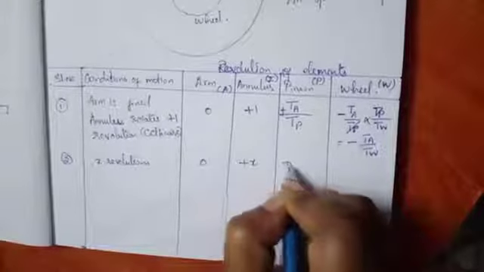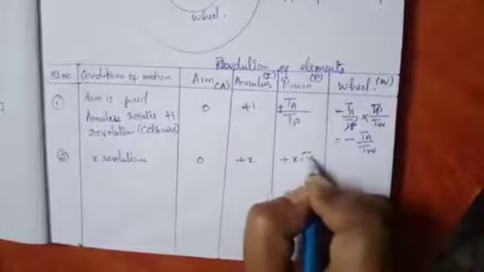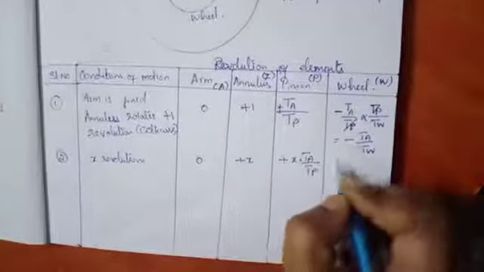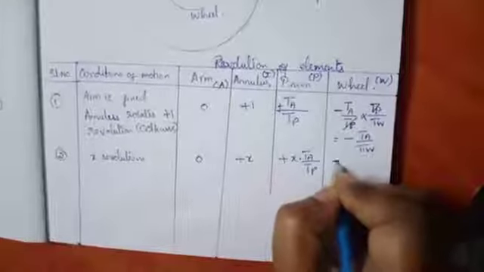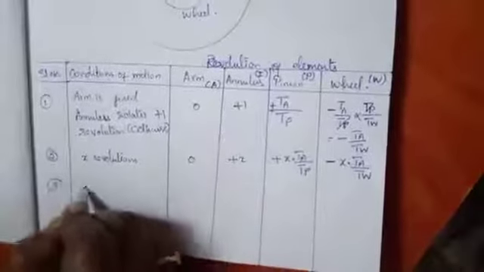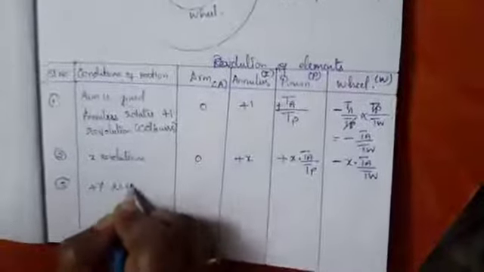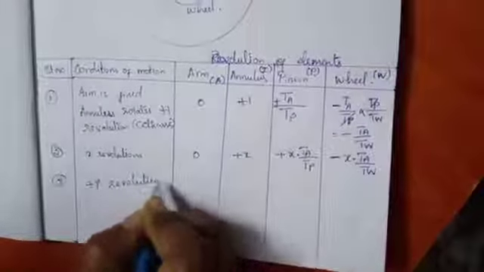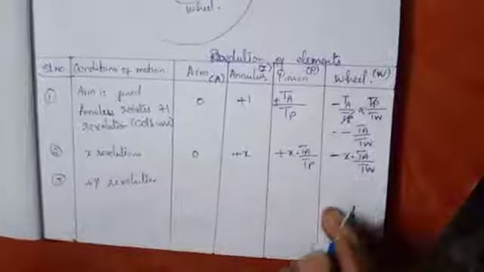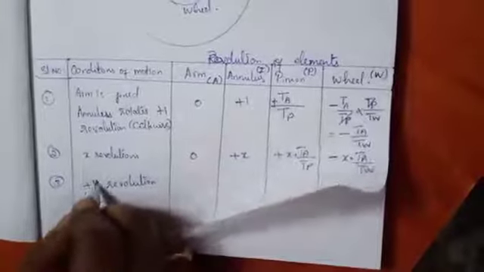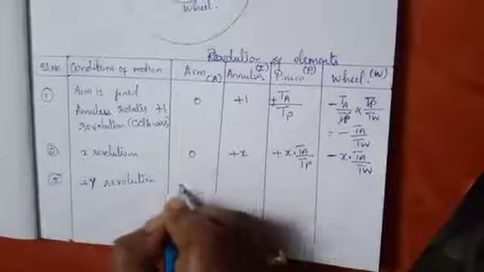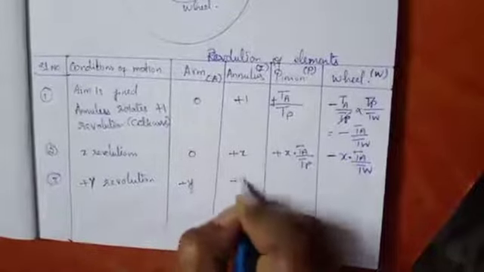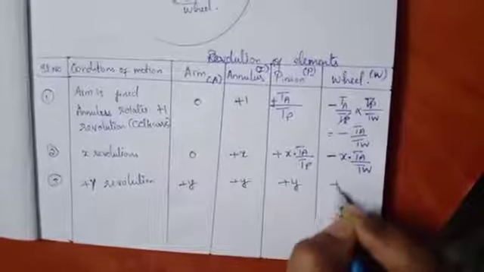Here you have plus x times TA by TP. Then minus x times TA by TW. And the third one, irrespective of rotation, you are adding plus y revolution in all the gears or all the elements. So plus y you are adding here. So for the third one, you simply make it plus y, plus y, plus y like that.